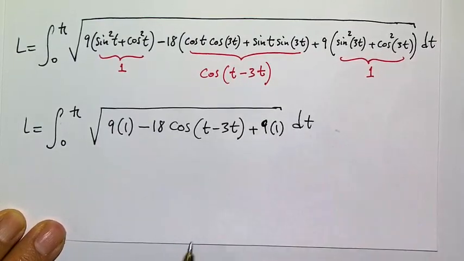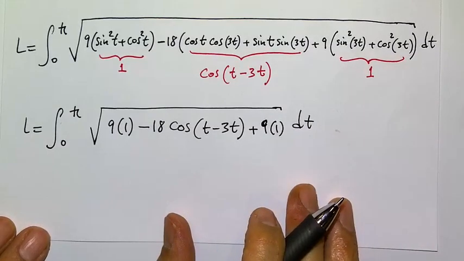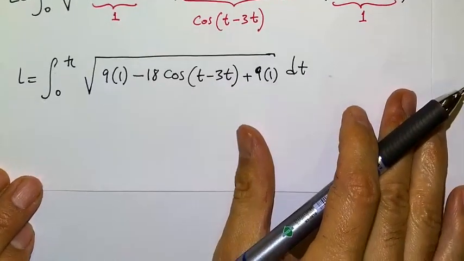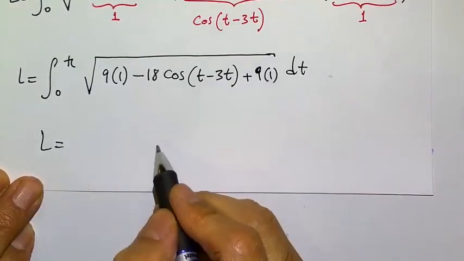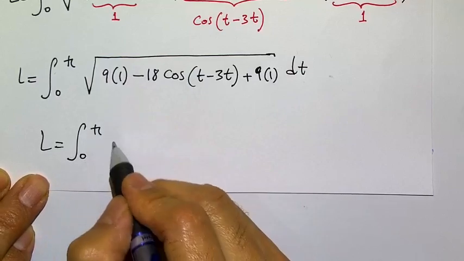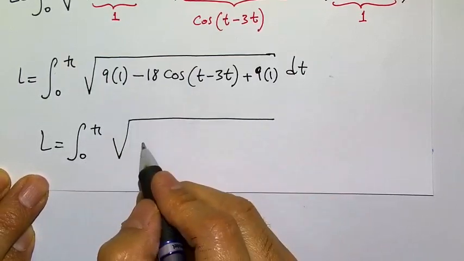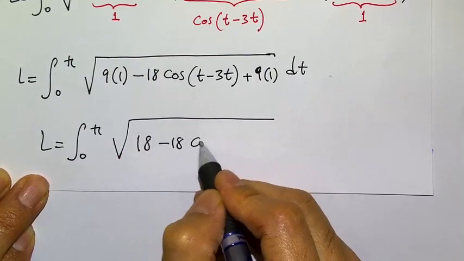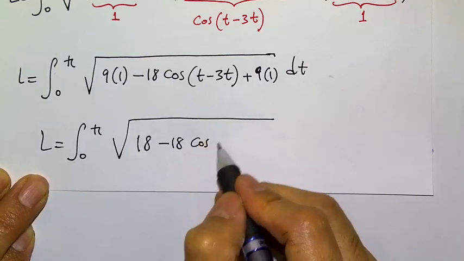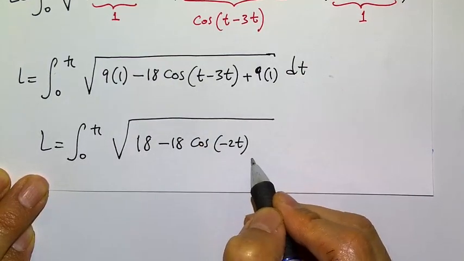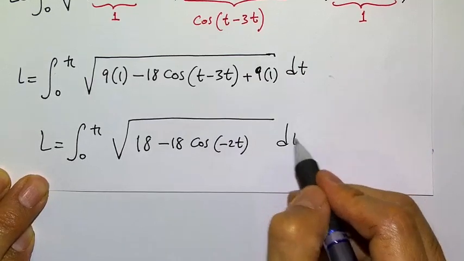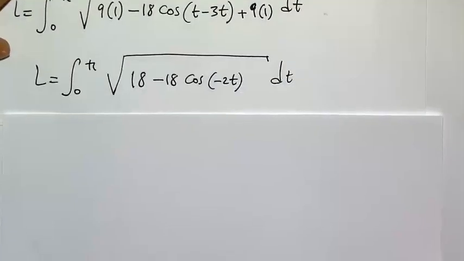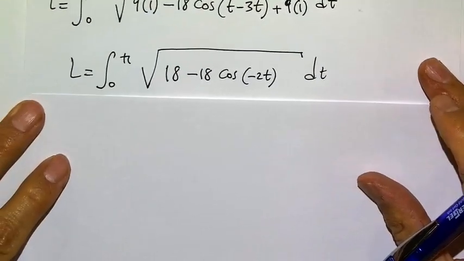And this is dt. Okay, so what do we have? 9 plus 9, that's 18. So we have 18, and then minus 18 cosine of minus 2t, right? Minus 2t. And that's it, and then dt. Okay, so let's go to a new page here.